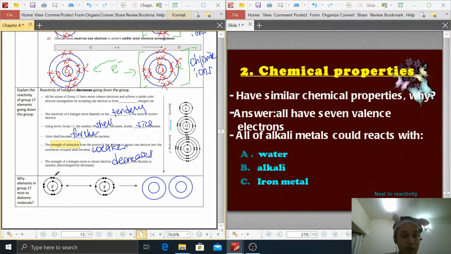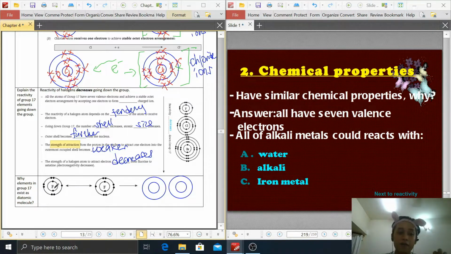If you see this is one atom of fluorine, it is not stable for it to exist in this form. To be a stable compound, they need to follow the octet stability, meaning if possible they would like to achieve octet stability.